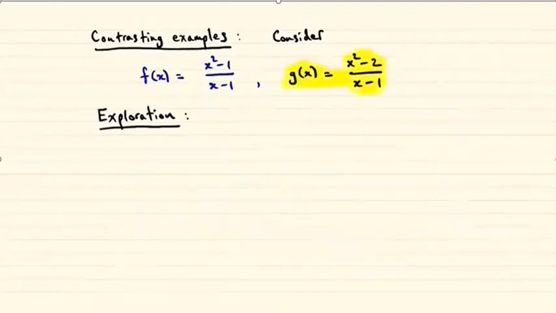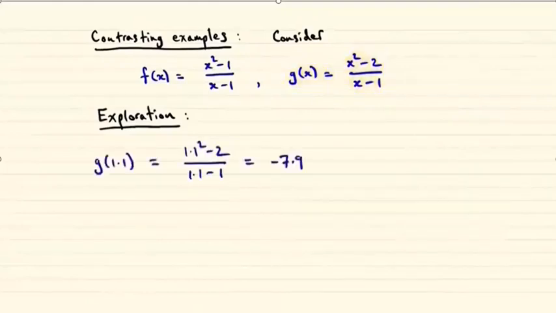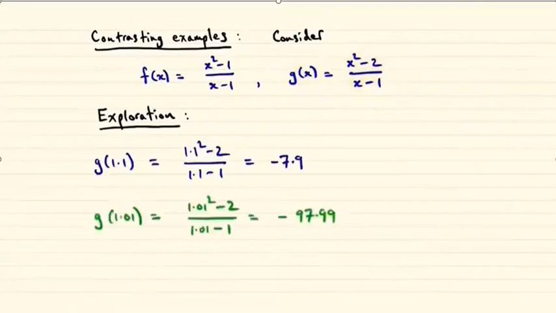Now, let's try the same thing using the rule for g, which at first appears to be only slightly different. g(1.1), you can check, evaluates to negative 7.9. g(1.01) evaluates to negative 98, a largish negative number.